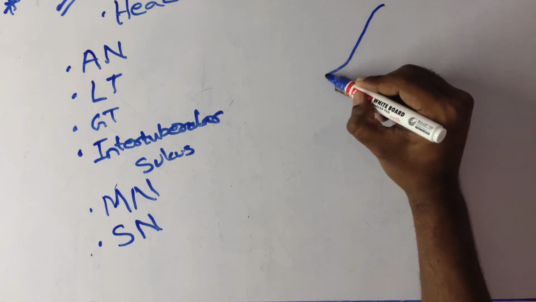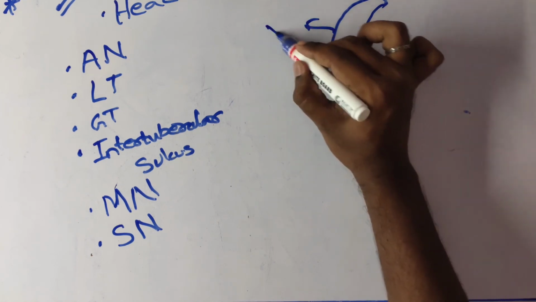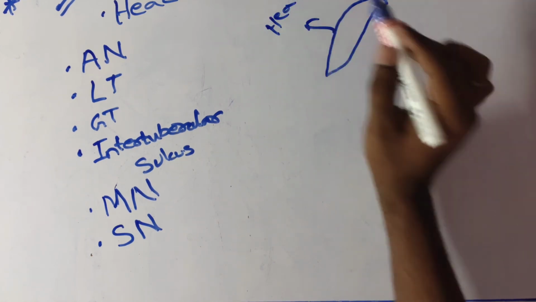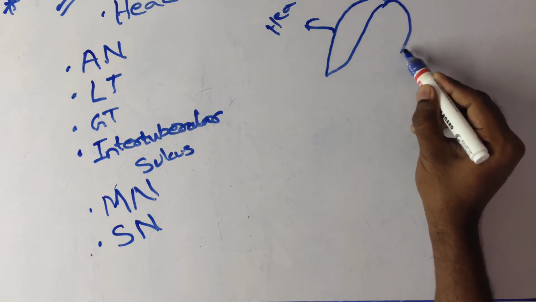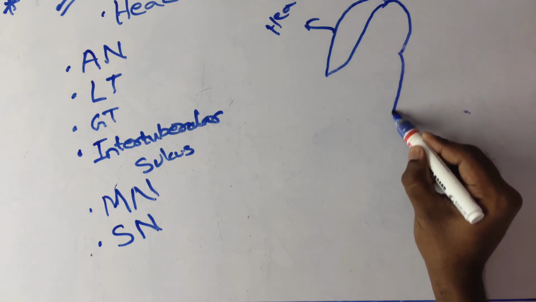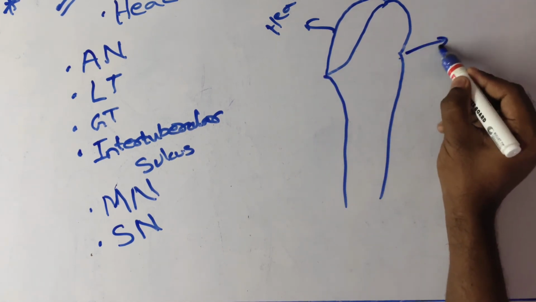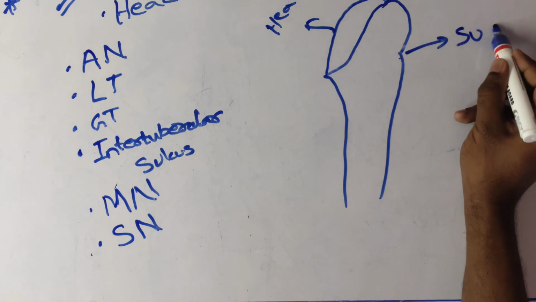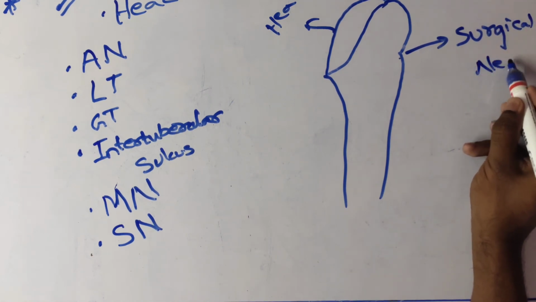Let's draw a diagram. This is the head of humerus. This is shaft of humerus. This is surgical neck.